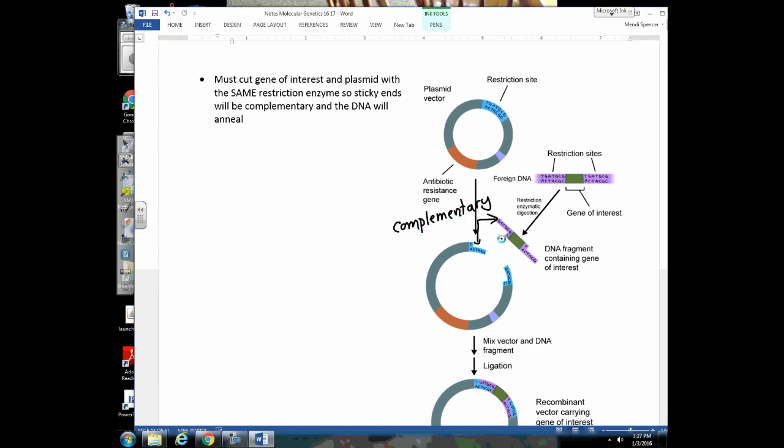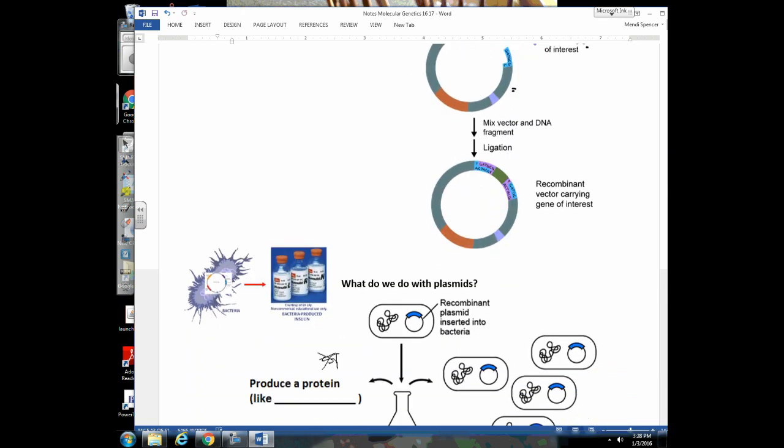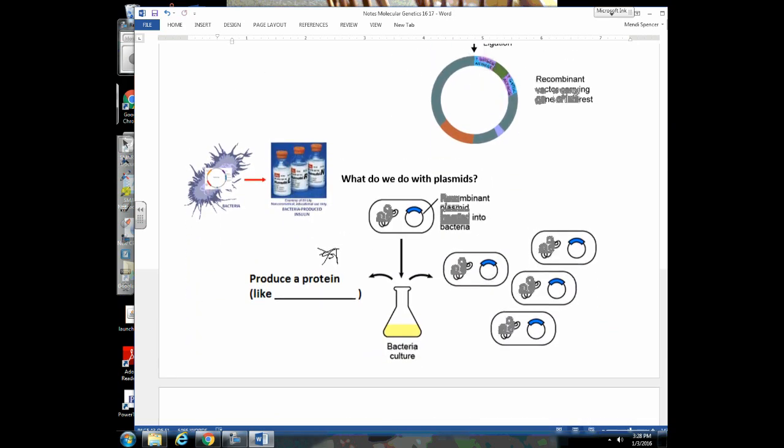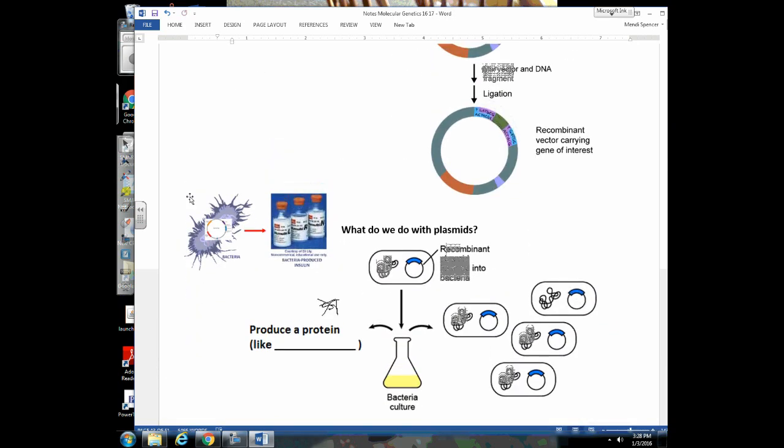The reason this DNA will join with this one is because G will pair with C, A will bind to T, and T is complementary to A. So this fragment of interest is going to join to, or anneal to, the sticky ends of this plasmid. After we seal up the backbones with ligase, we now have recombinant DNA. So that plasmid is referred to as recombinant DNA.